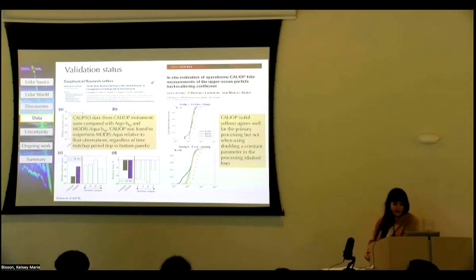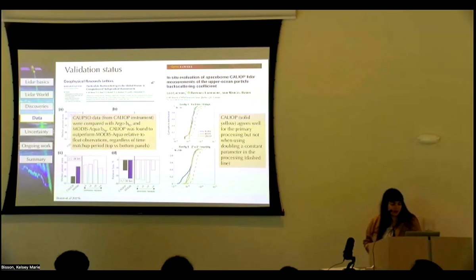Another study takes some creative approaches. One really good way of comparing data products when you don't have exact matches is to use a statistical, empirical approach. This is looking in a distributional sense at what the cumulative distribution functions look like when comparing a 9 by 9 kilometer and 16-day difference. This study was in the North Atlantic, and what happens in the water 16 days apart can change the backscattering coefficient quite a bit.